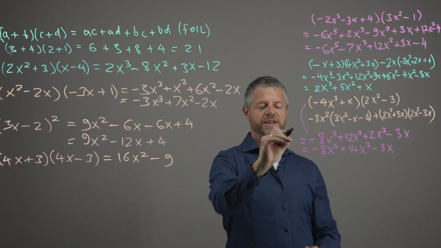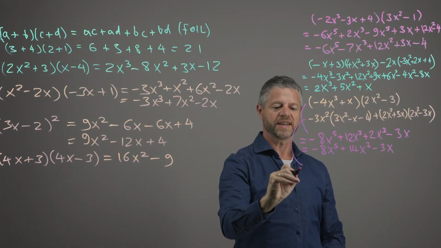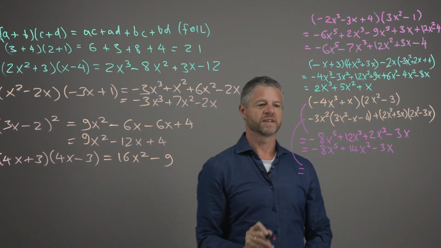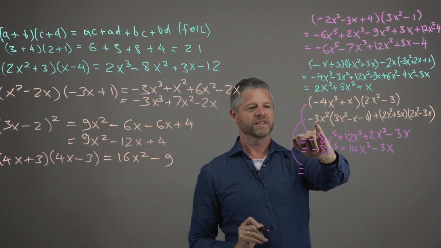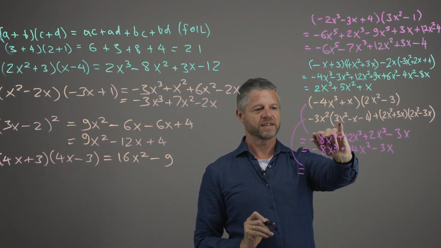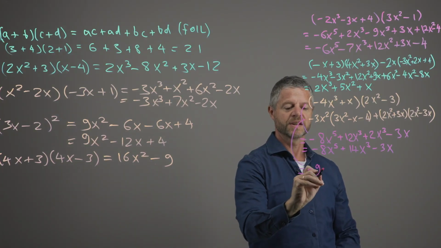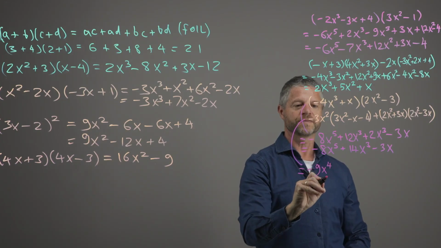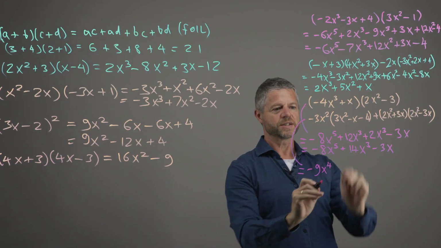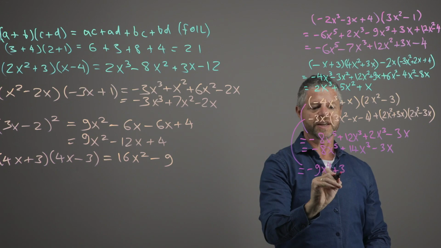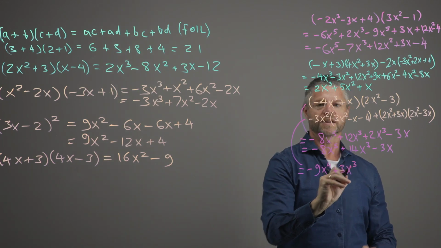So that's the first one, and then the second one, we'll do that here. So we've got minus 3x squared times plus 3x squared, so that would be minus 9x to the 4. And then we've got minus 3x squared times minus x, so plus 3x cubed.